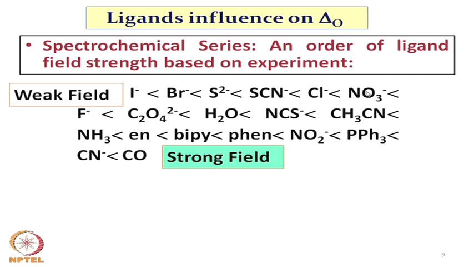Then after chloride we have nitrate, which is a little higher in strength than chloride, but less than fluoride, then oxalate, water, then isothiocyanate. This is thiocyanate which is binding through sulfur, and this is isothiocyanate which is binding through nitrogen. So, sulphide and thiocyanate, which bind through sulfur, are side by side, but when it is nitrogen, we have the nitrogen coordination from isothiocyanate, which is less than acetonitrile.